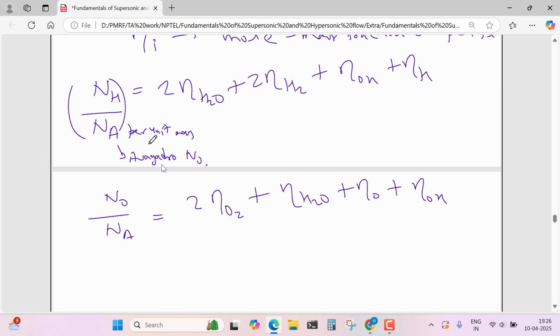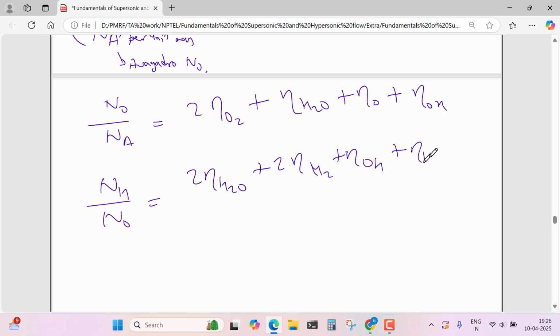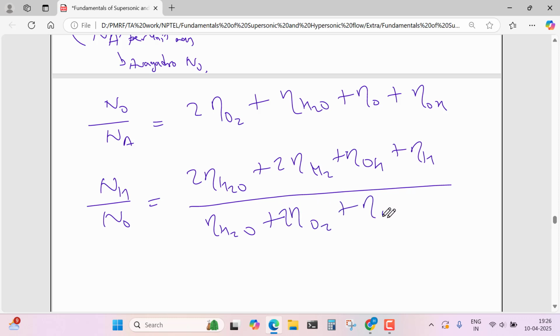If we take the ratio of these two, then N_H upon N_O will become equal to 2 η_H2O plus 2 η_H2 plus η_OH plus η_H upon η_H2O plus 2 η_O2 plus η_OH plus η_O.